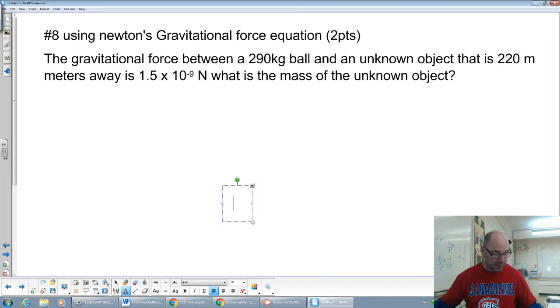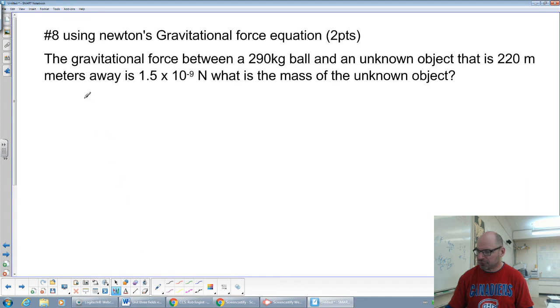So again, you can try it if you want, and then unpause it later. If not, here's how you work it through. We have a gravitational equation for Newton's laws. The force of gravity equals G times M1 times M2 over R squared. We want to get one of the M's.